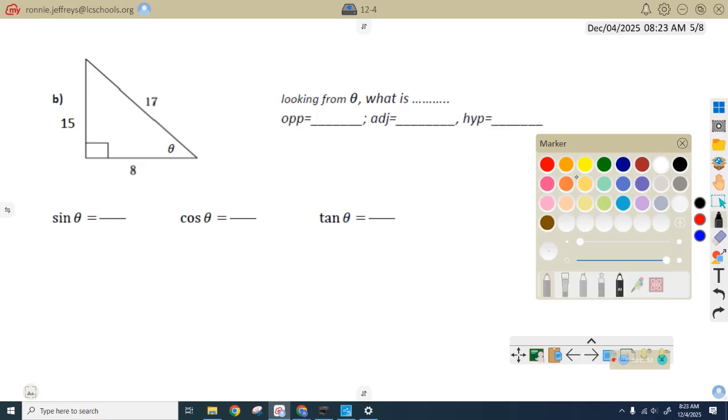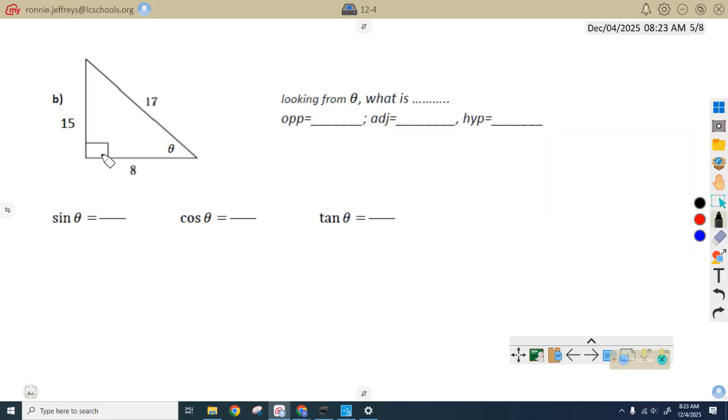So let's look here. Here's my theta. I'm looking for my opposite, which is 15. That means my adjacent would be, and the hypotenuse is 17. Once you find those three things, it's literally just writing stuff as a fraction.